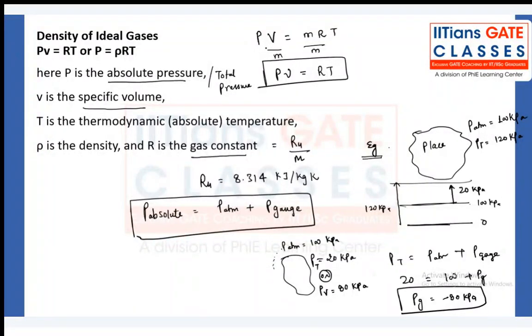So in this formula, P should not be gauge or atmosphere; it should be absolute pressure. That is a very important point. The negative gauge pressure will be called a vacuum pressure.